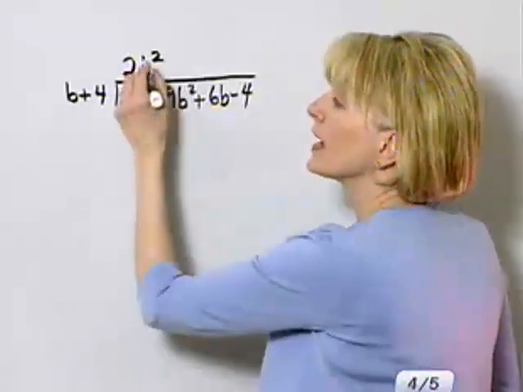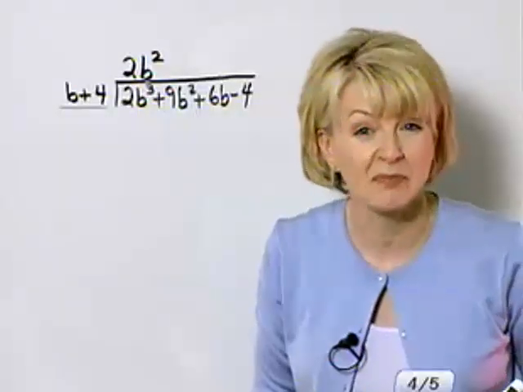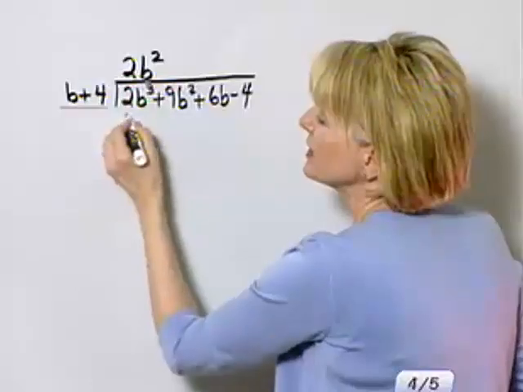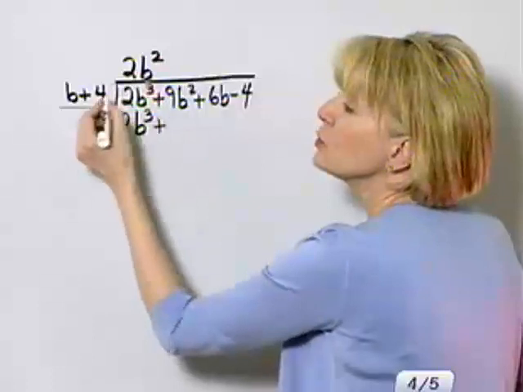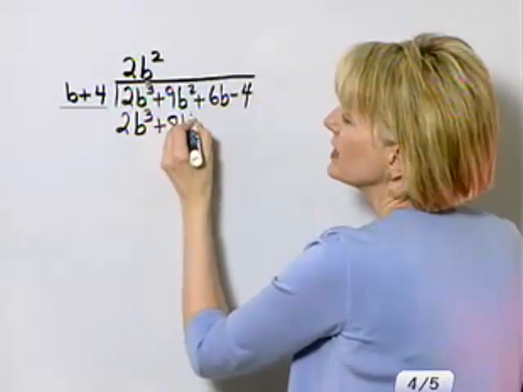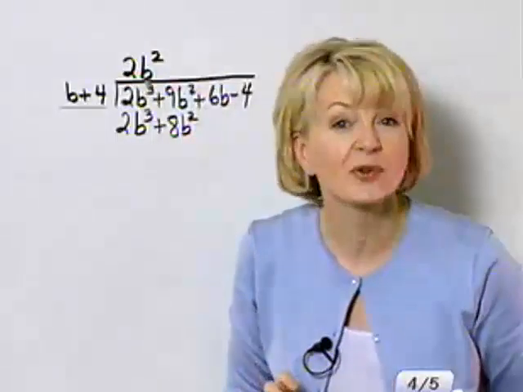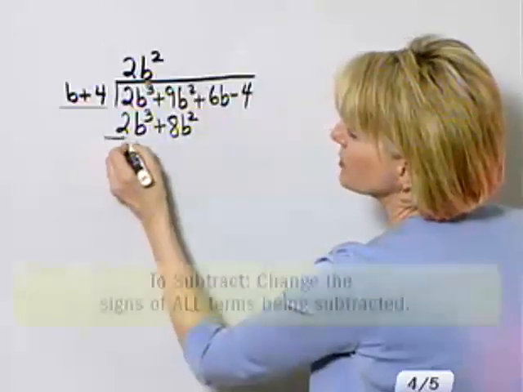Now we'll multiply 2b squared times the entire divisor of b plus 4. So that's 2b squared times b, which is 2b cubed, plus 2b squared times 4, and that is 8b squared. And notice our like terms are naturally lining up, and they will when there's no missing powers.